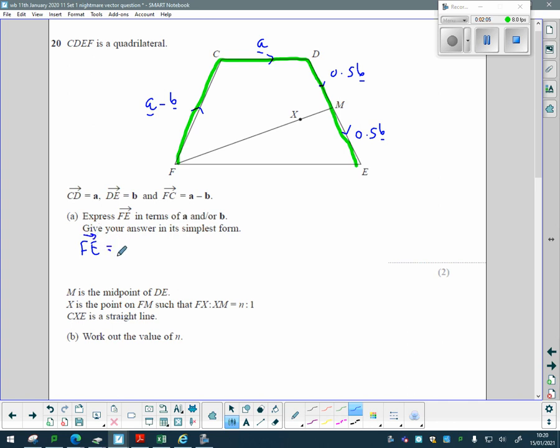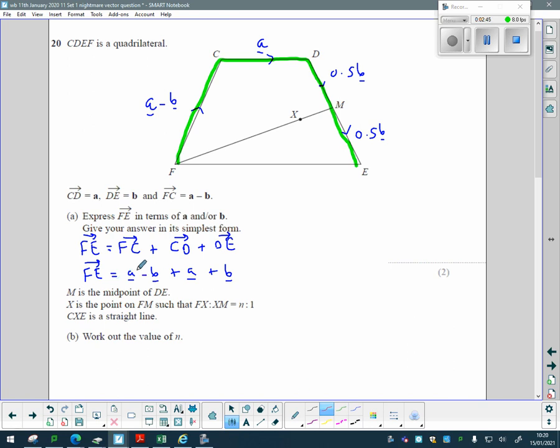So FE is equal to FC plus CD plus DE. So we'll now substitute what we need. FE is equal to A take B plus A plus B. Okay, this is a bit like algebra blocking.